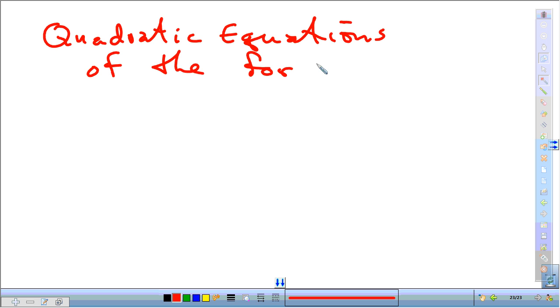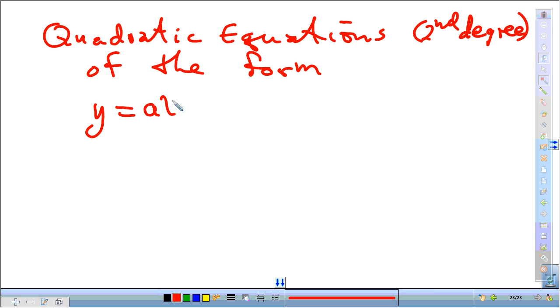So quadratic or second degree equations in two variables, but a particular form where we keep y and then a general second degree polynomial in the other variable. So the shape of these graphically, they're called parabolas.